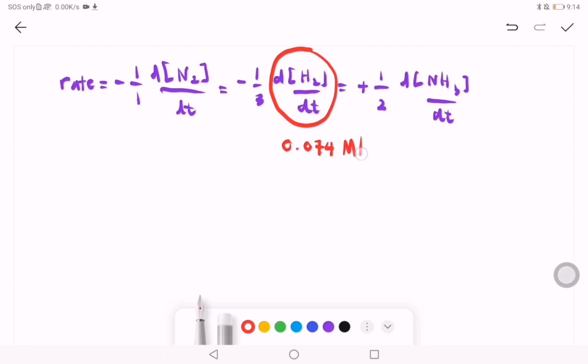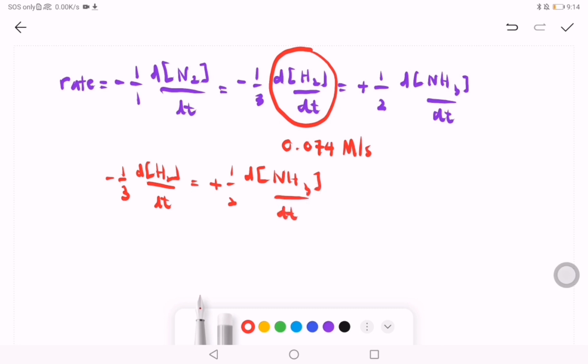The information given for the question is for d[H2]/dt, where the value is 0.074 molar per second. If you want to find the formation of ammonia, we have to compare the depletion of hydrogen and the formation of ammonia. So negative 1 over 3 d[H2]/dt equals to positive 1 over 2 d[NH3]/dt.